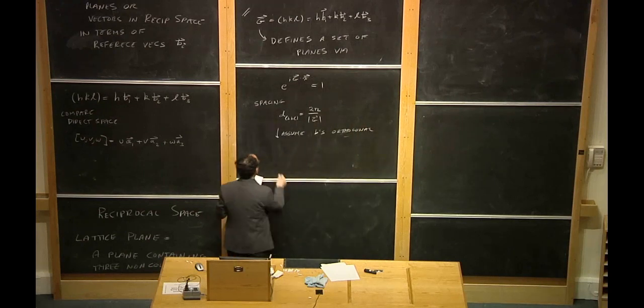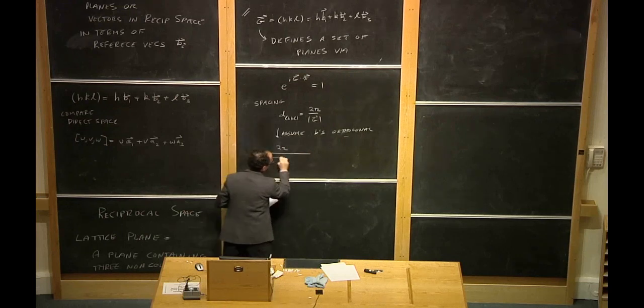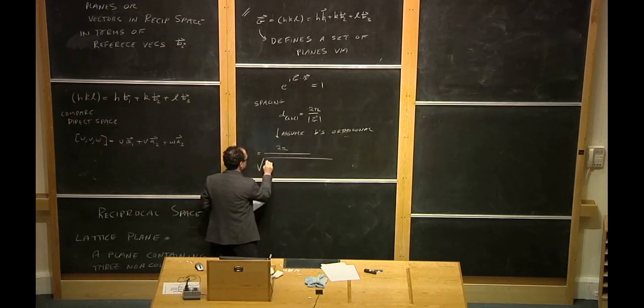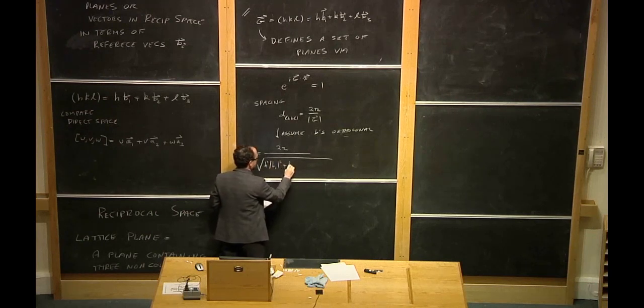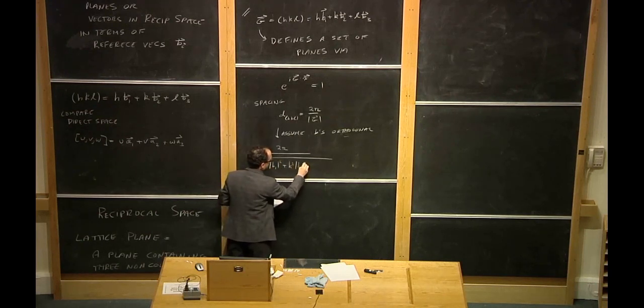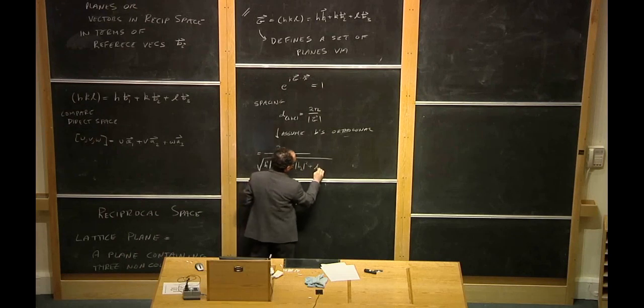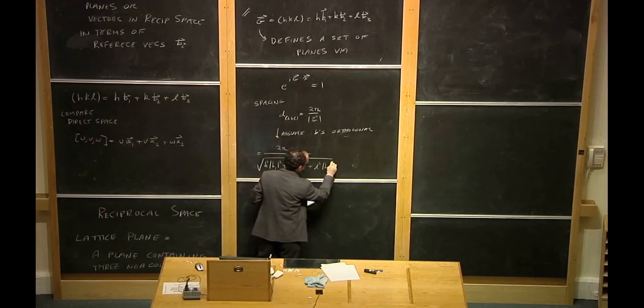Then we can write that as 2 pi over the square root of h squared absolute b1 squared plus k squared absolute b2 squared plus l squared absolute b3 squared.